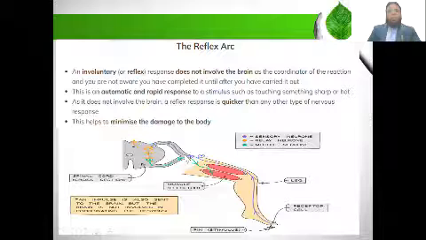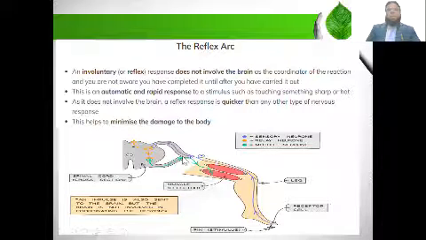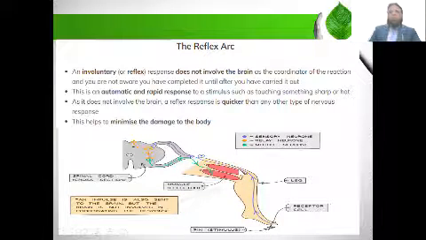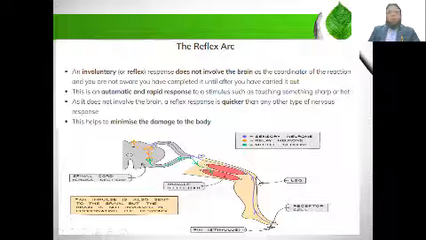It starts from the receptors, which are the specific cells found in the sensory organs, and these receptors receive the stimulus, and then with the help of the receptor cell, it goes to the sensory neuron.